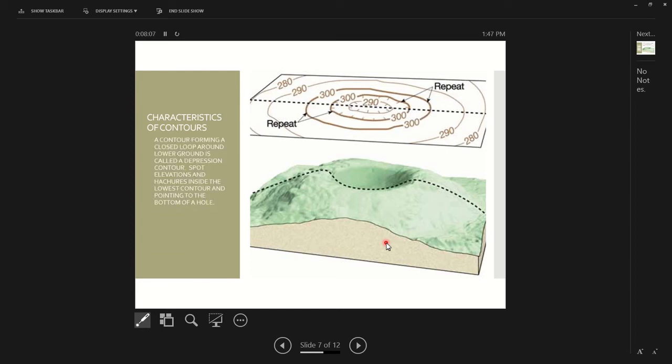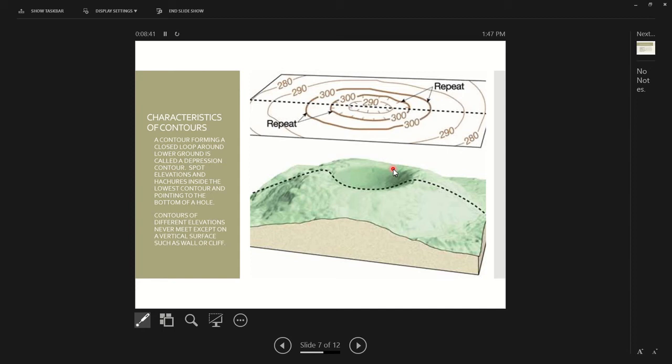Contours forming a closed loop around lower ground are called depression contours. Spot elevations inside the lowest contour point to the bottom of a hole. A lot of times you won't have point elevations in there, or an actual spot elevation, especially if it is a depression, because a lot of times they couldn't get an elevation in there because it's full of water or volcanic activity or something like that.